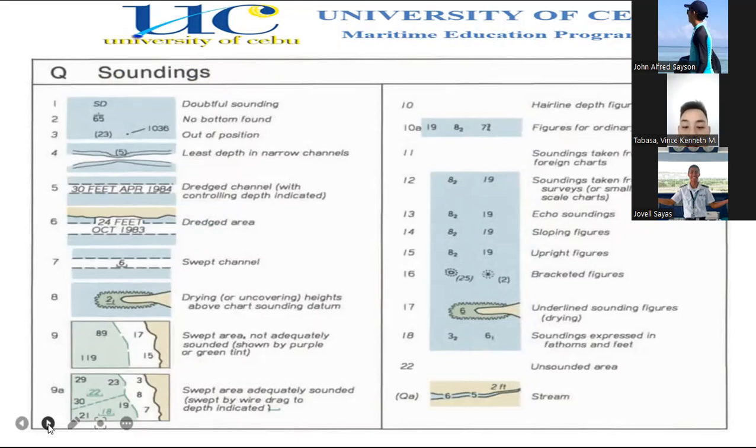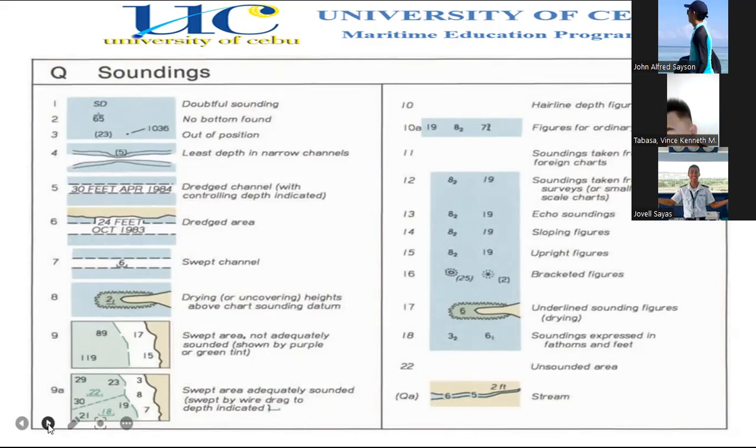Seven, swept area or channel. Eight, drying or uncovering height above chart sounding datum. Nine, swept area not adequately sounded, shown by purple or green tint. 9A, swept area adequately sounded or swept by wire drag to depth indicated.